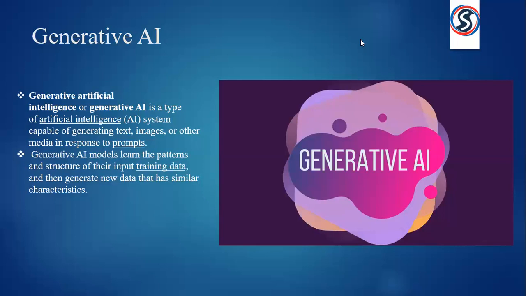This generative AI can learn from existing artifacts. After learning these existing artifacts, it will generate new realistic artifacts that reflect the characteristics of the training data, but it will not repeat it.